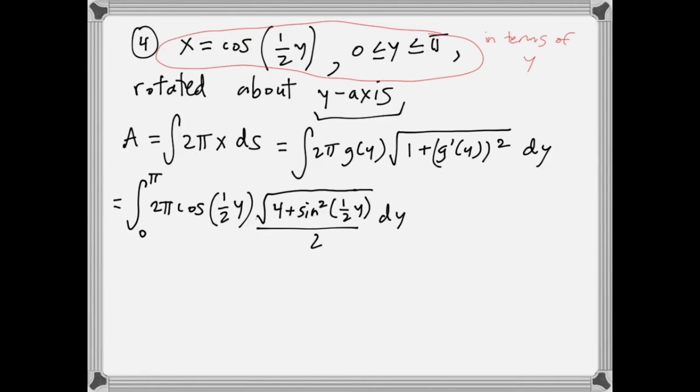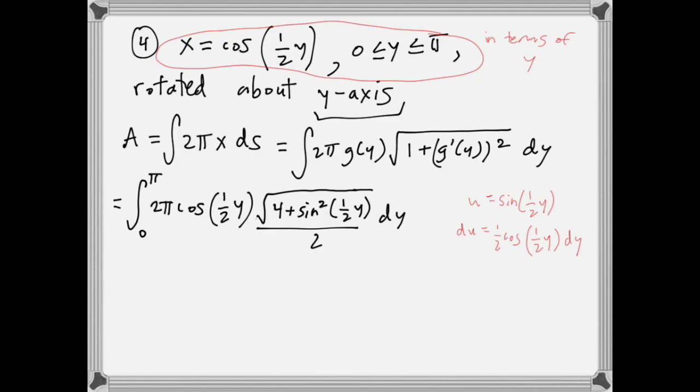So this integral is definitely more complicated, and I want to show you guys how I would approach an integral like this, okay? We're actually going to do several transformations here. The first thing we do is we realize that the derivative of sine is cosine, so I can make this integral easier by doing a u substitution. So I'm going to let u equal sine of 1/2 y. And then if I take its derivative, du is 1/2 cosine of 1/2 y dy.